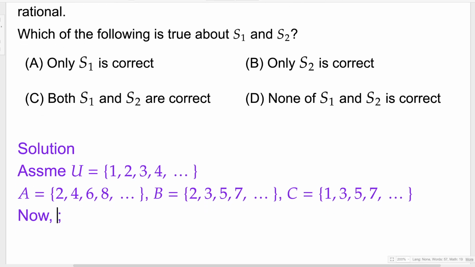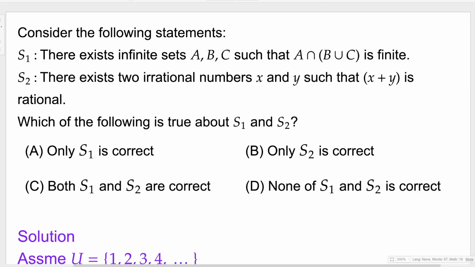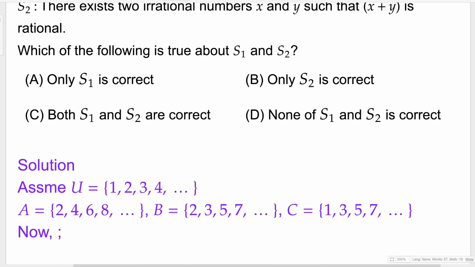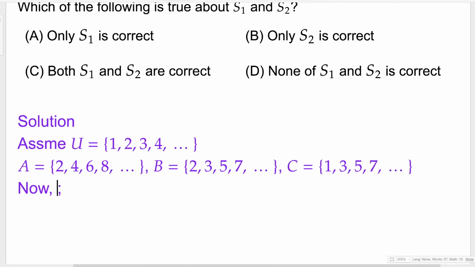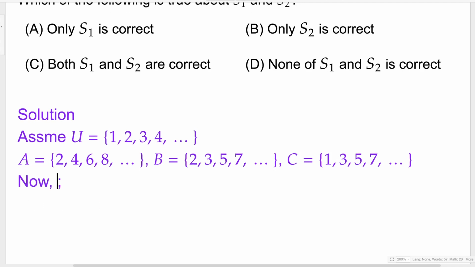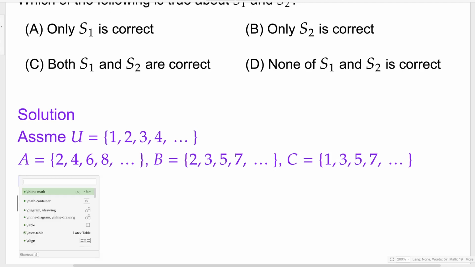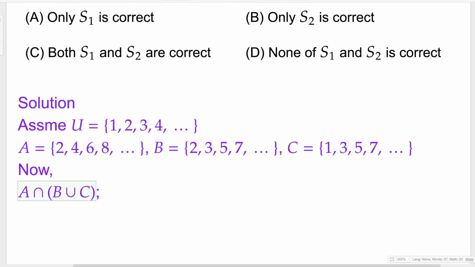Now I'll perform the computation demanded here, to check whether this is finite or infinite. So here we have A intersection (B union C).